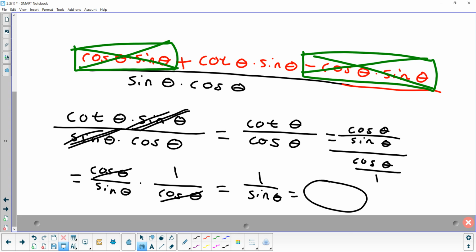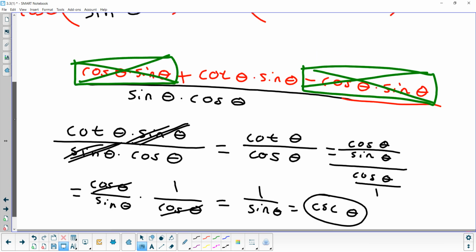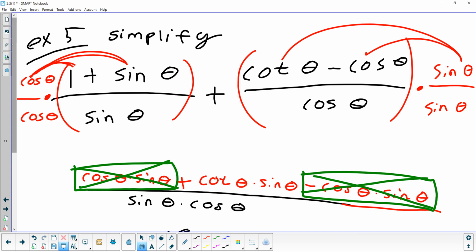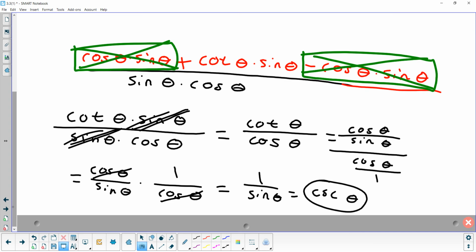Take the sine and flip it. What do you get? Yeah. Cosecant. So that was definitely the hardest one, but look at what we started with. We started with this mess of two different fractions with 1, 2, 3, 4 trig functions, and that whole problem simplified down to just cosecant.